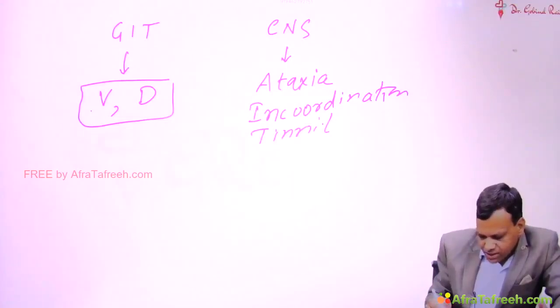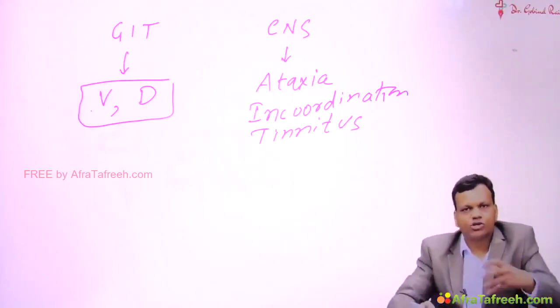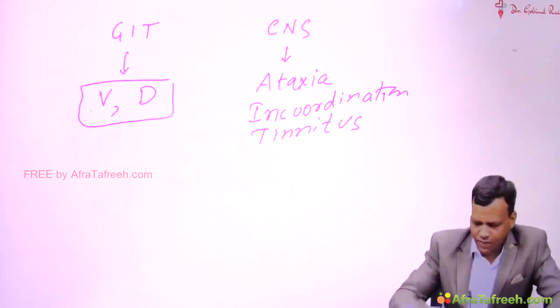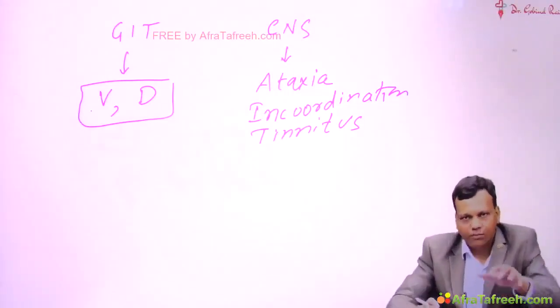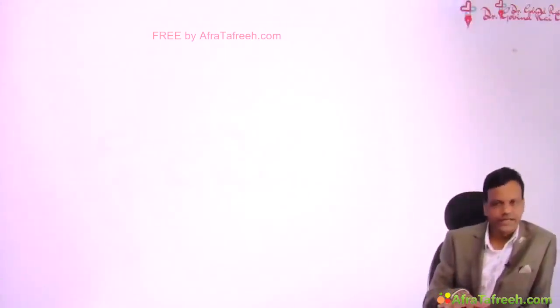So whenever these symptoms are present, diarrhea and ataxia etc., it points toward toxicity. Yeah? So we should immediately take measures to stop toxicity, and there is no antidote for lithium. So we can do hemodialysis if lithium has to be removed. Clear? So these are the important points regarding lithium.